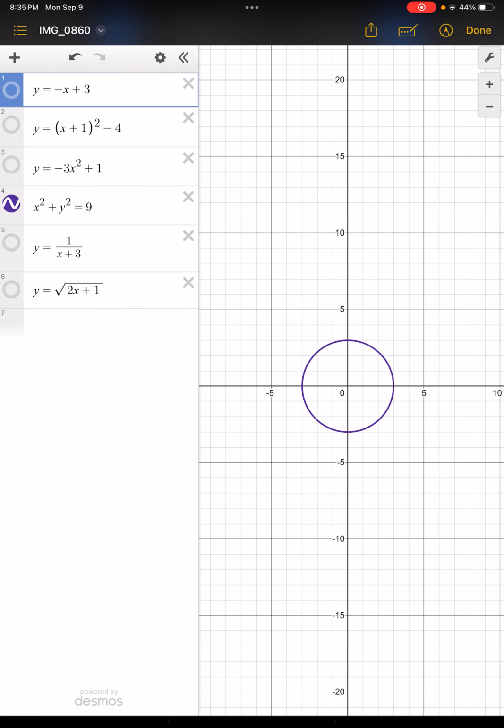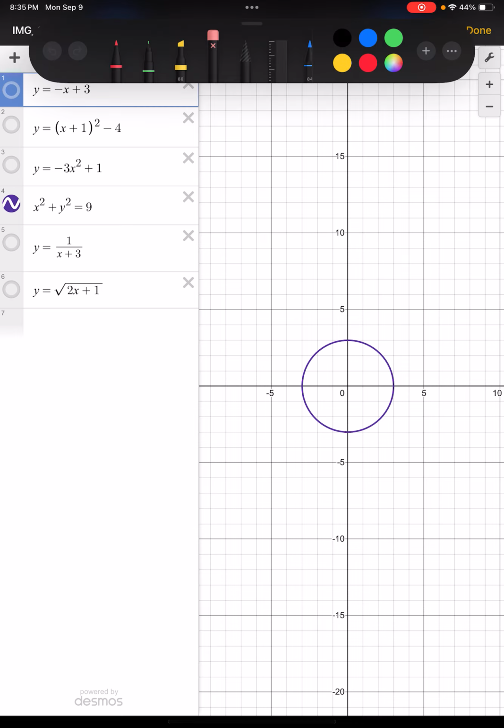Question D. First of all, is this a function? I know that's not the question, but we'll talk about it anyway. It is not. What is the domain? Well, the domain seems to only go from negative 3 to 3.